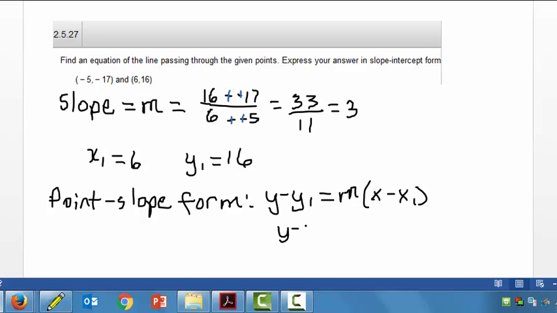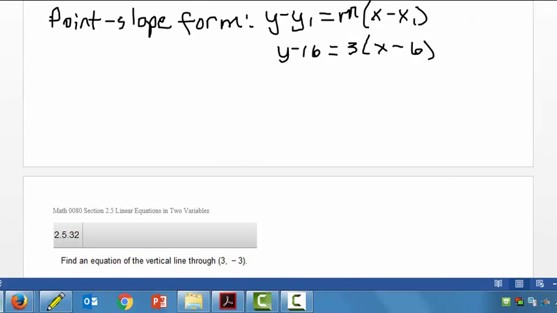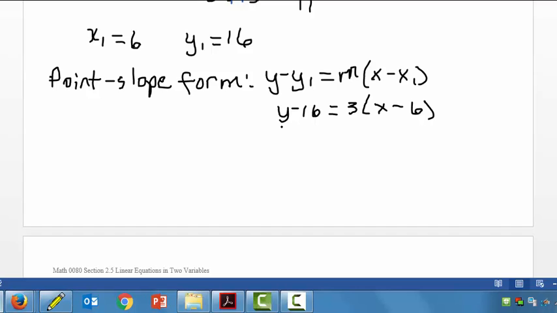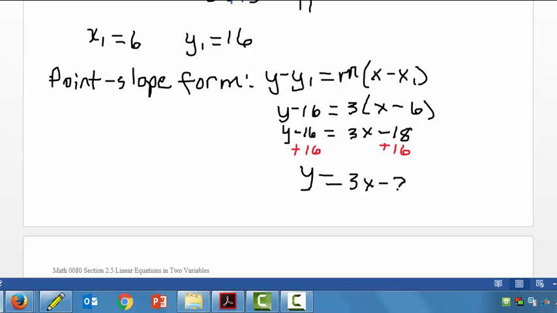So y minus 16 equals 3 times x minus 6. We'll use the distributive property here: y minus 16 equals 3x minus 18. And we will isolate y by adding 16 to both sides, and we get y equals 3x minus 2. So that is the slope-intercept form of our line equation.